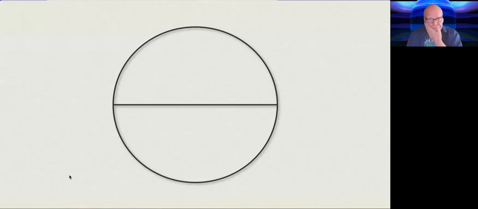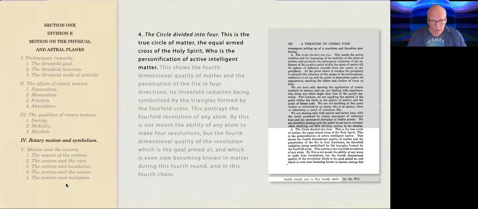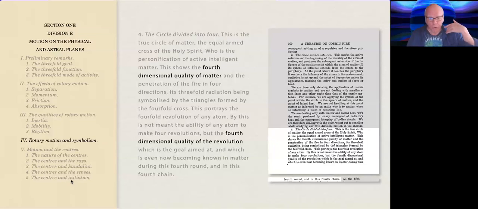of force. We then took a look at the circle divided into four, which DK calls the true circle of matter, the equal-armed cross of the Holy Spirit, and the personification of active intelligence. But this symbol also represents the stage where matter demonstrates in four dimensions, which is a quality of revolution, sometimes called a wheel turning upon itself.